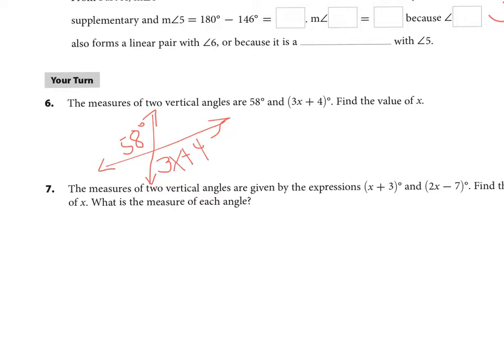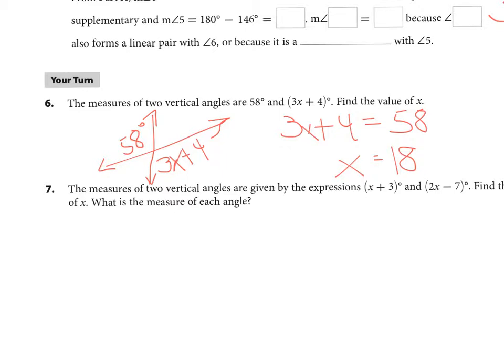And so we know that those two are equal. So 3x plus 4 equals 58. I'm going to solve for x, and I'm going to get x equals 18. And it just asks us to find the value of x, so we do not need to do anything else.